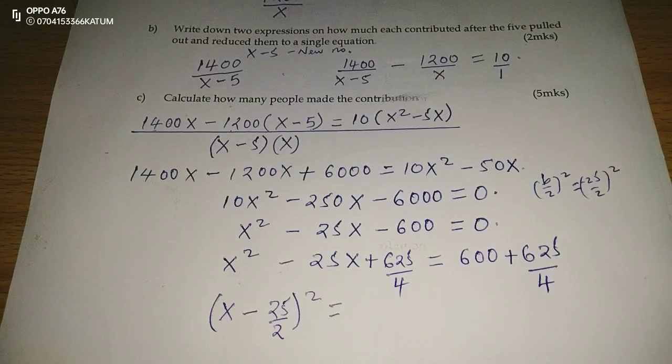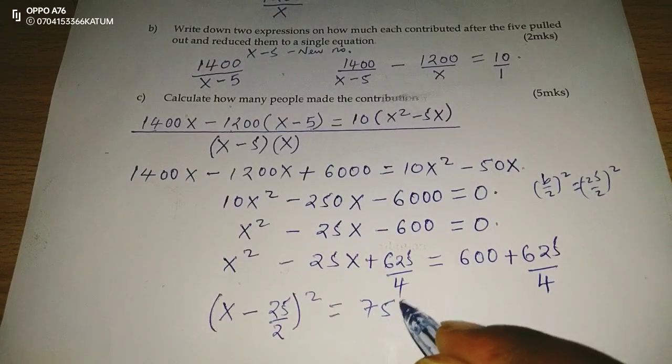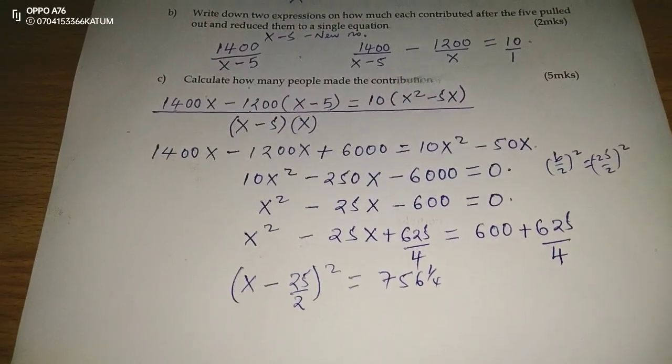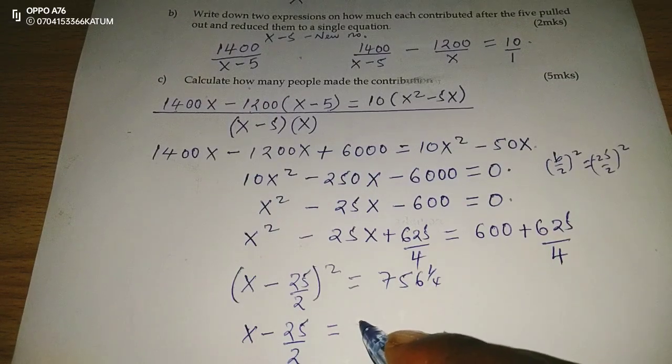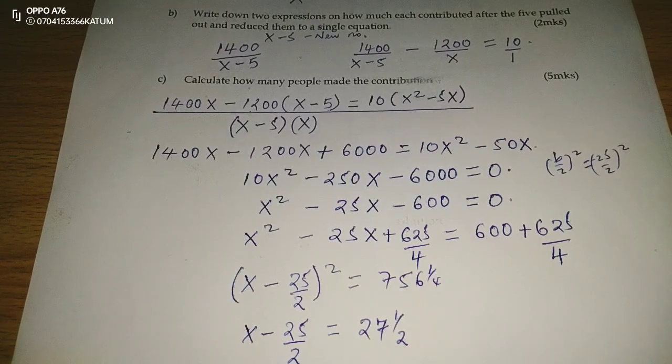This gives me 756 and a quarter. So we can now take square root of both sides, whereby this will become X minus 25 out of 2 equals the square root of the other side. This gives us 27 and a half.